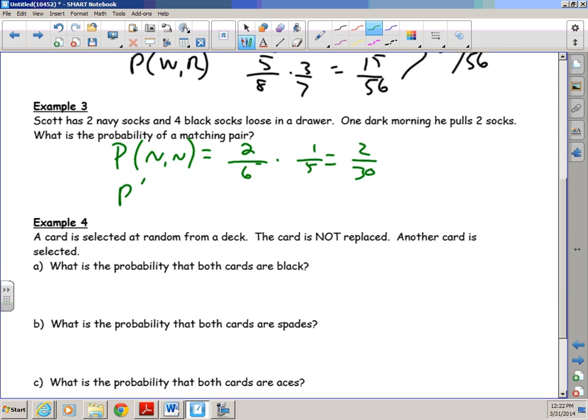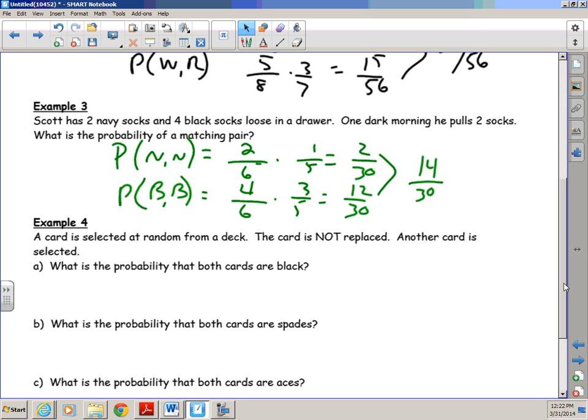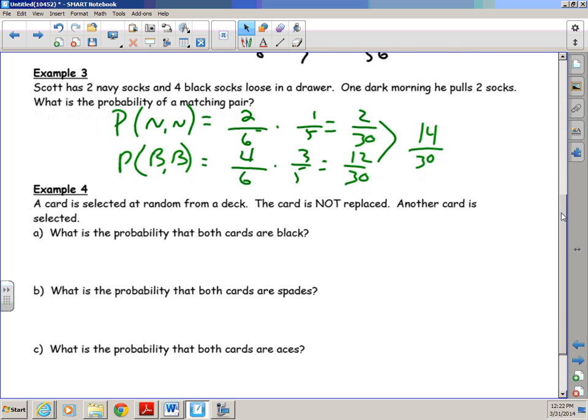Or he could have pulled 2 black, which is 4/6, and 3/5, or 12/30, for a total probability of 14 out of 30. Okay? It clearly makes sense that the probability of 2 black is higher because there are more black socks.